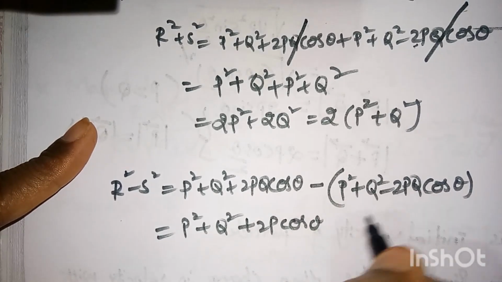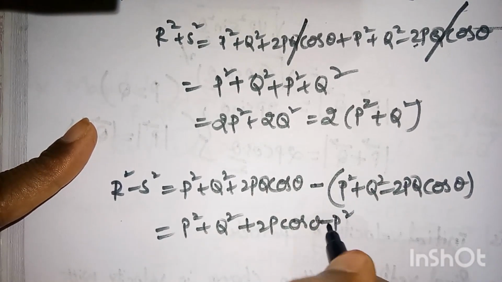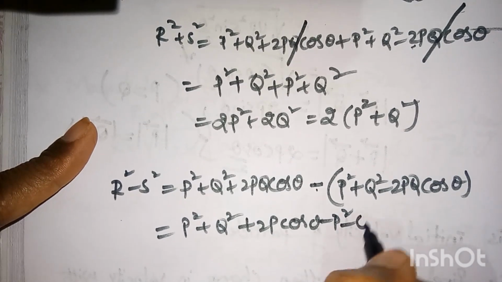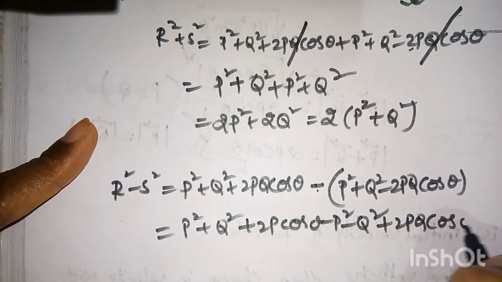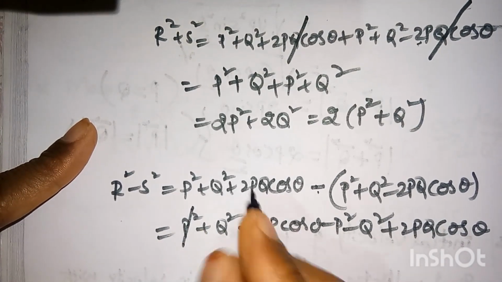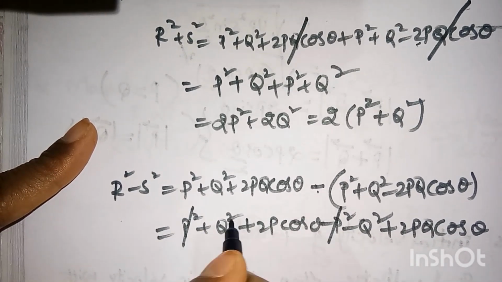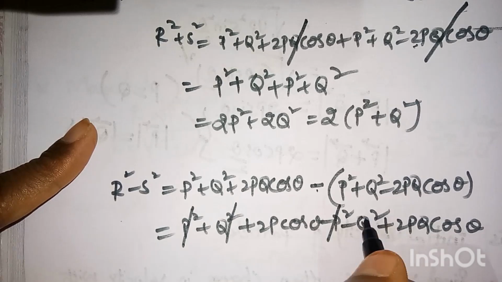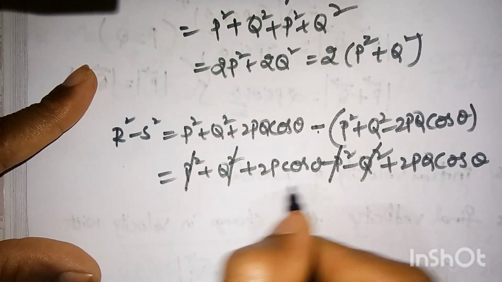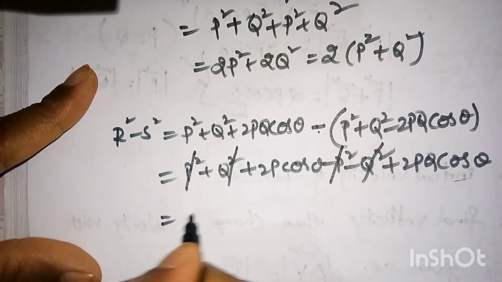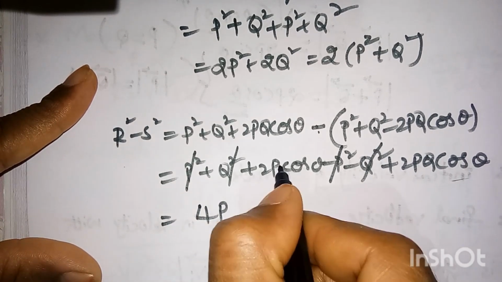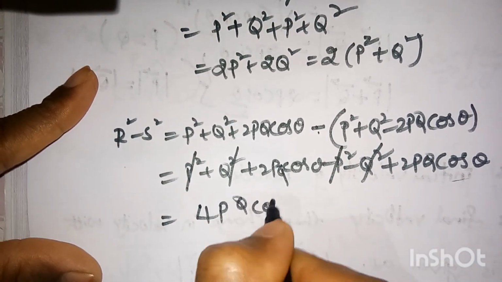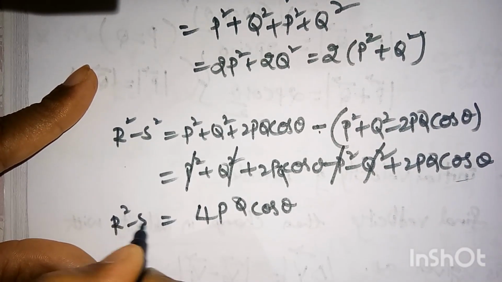Plus P square minus P square cancels, plus Q square minus Q square cancels. 2PQ cos theta plus 2PQ cos theta is 4PQ cos theta. This is R square minus S square.